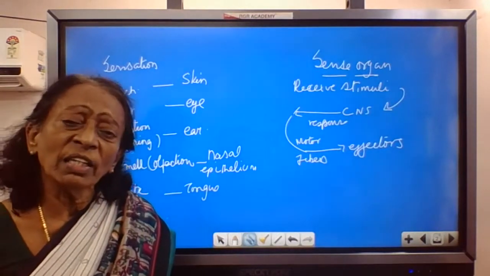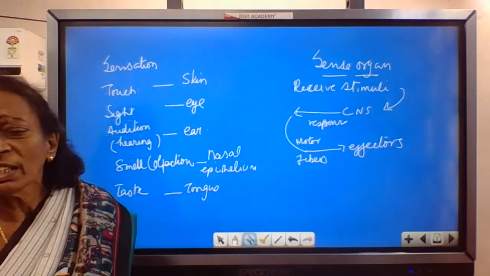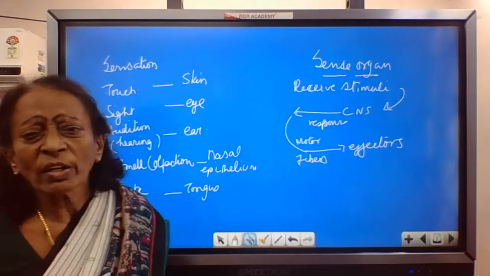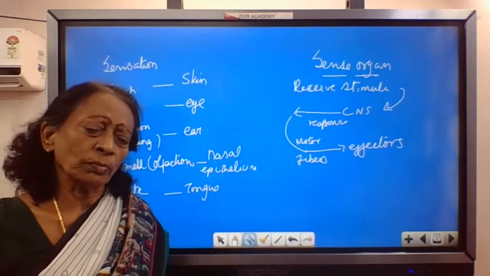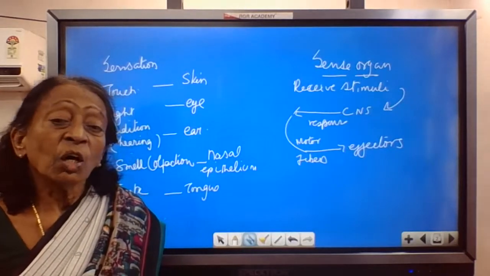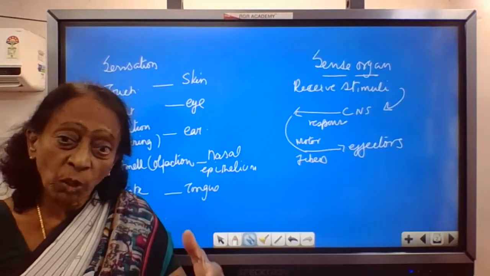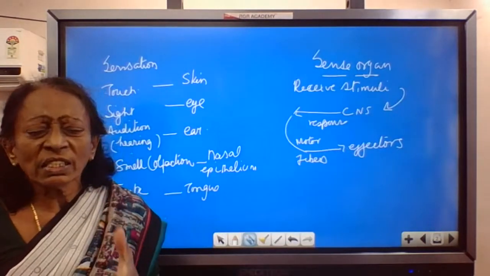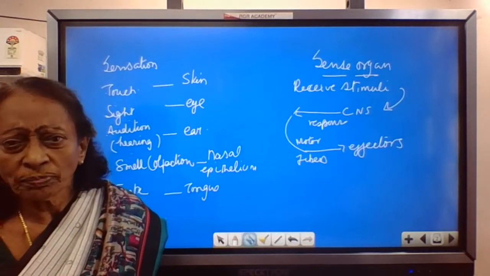Similarly, when the axon of the nerve fiber reaches a particular area of a sensory organ, it ends in a synaptic knob. Normally, when a nerve axon ends on a motor organ, a muscle, it will end in a motor end plate. When it ends on a sense organ, it will invariably be a synaptic knob.